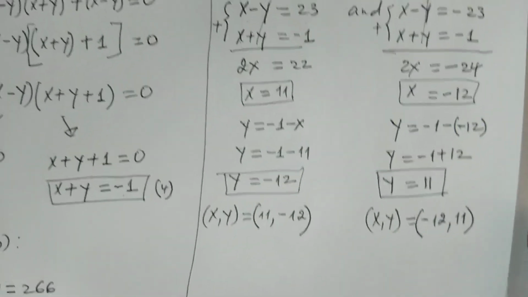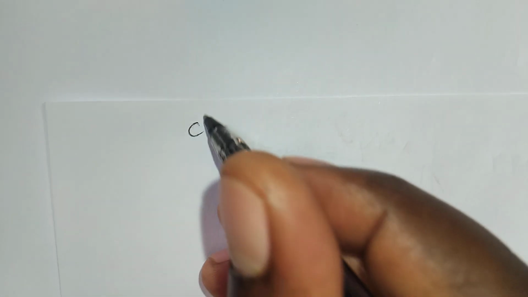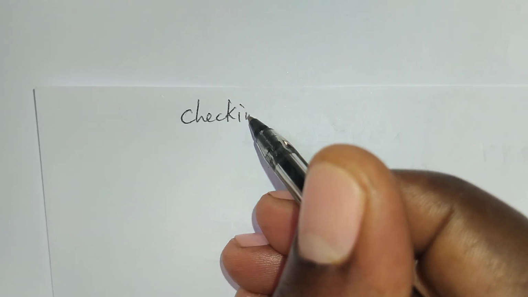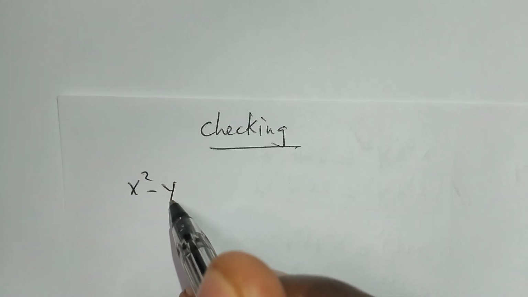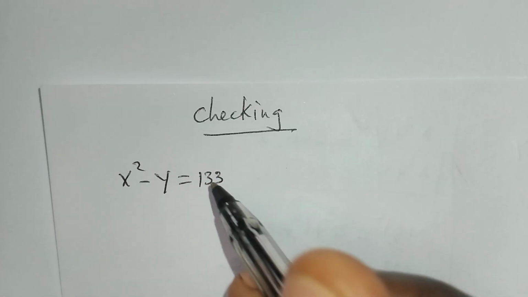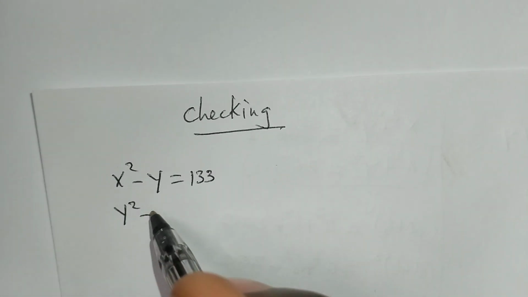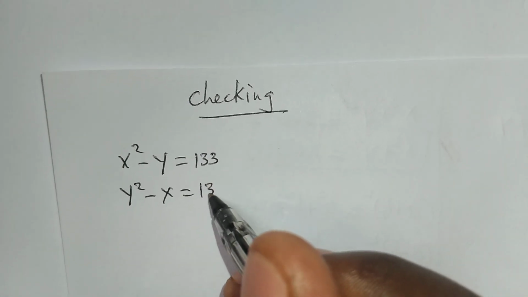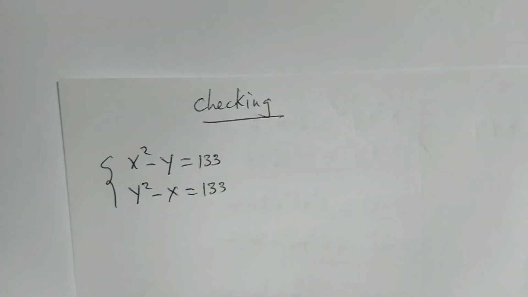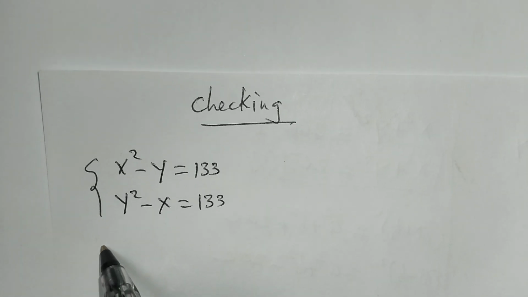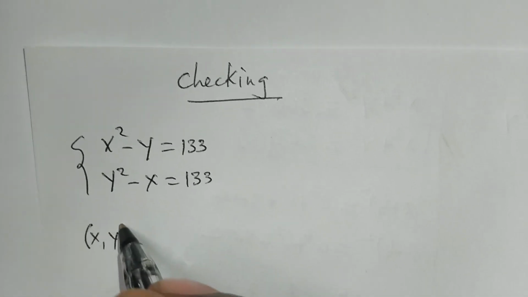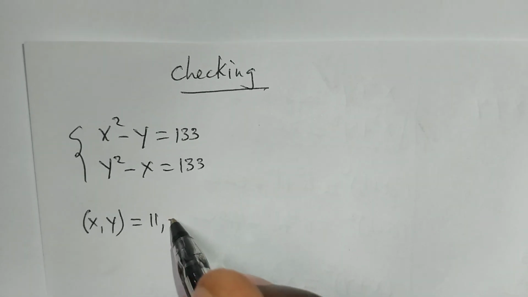So checking, x square minus y, which is equal to 133, and y square minus x, which is equal to 133. Let us check from solution 1, which is 11 and negative 12.